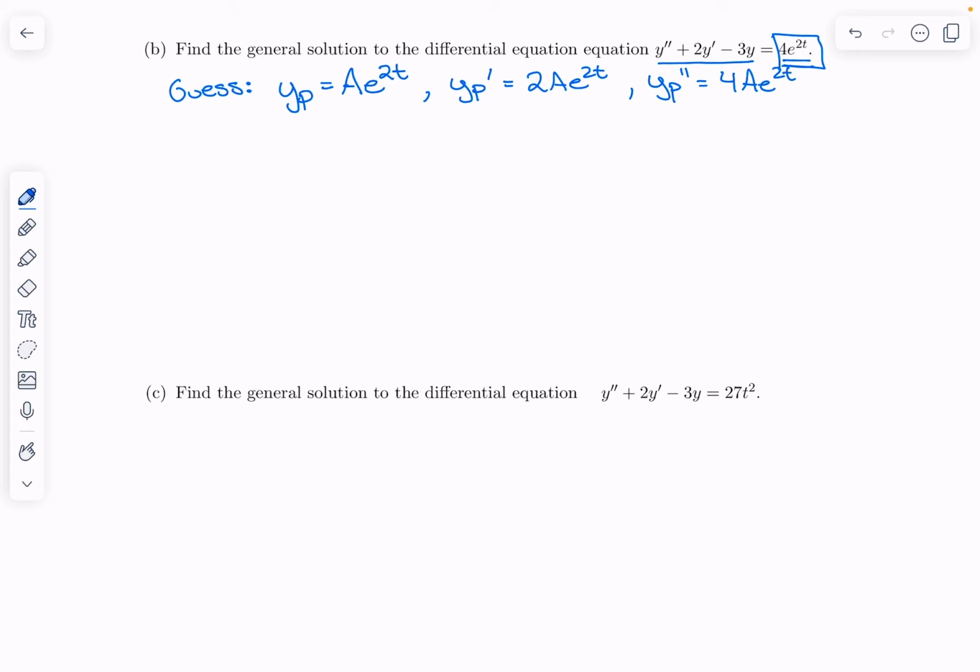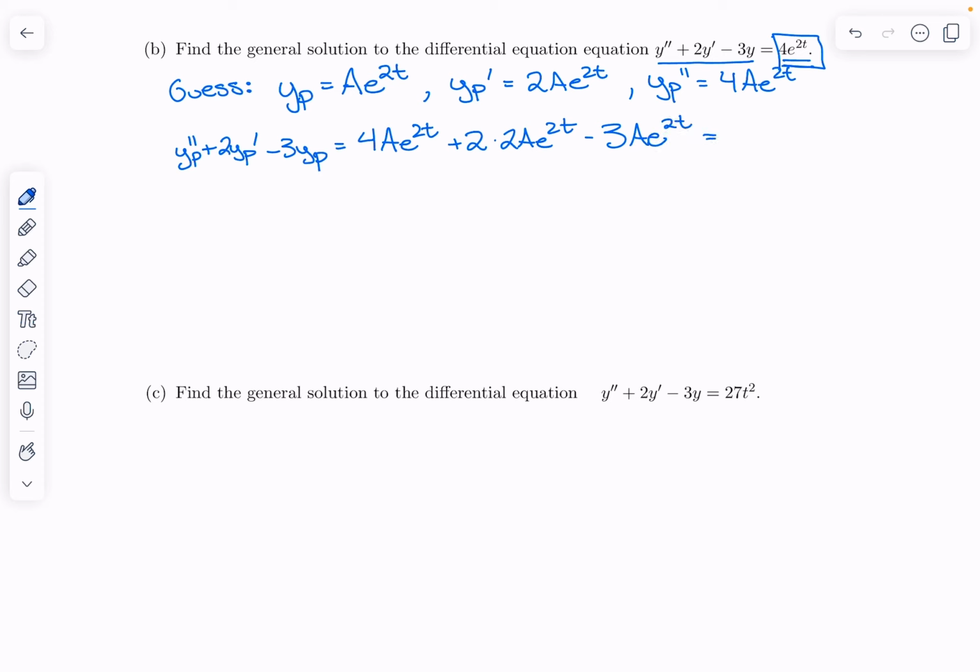So if I plug that into my differential equation, y double prime plus 2y prime minus 3y is going to equal 4a e to the 2t, that's the second derivative, plus 2 times the first derivative, 2a e to the 2t, minus 3 times y, which is a e to the 2t.